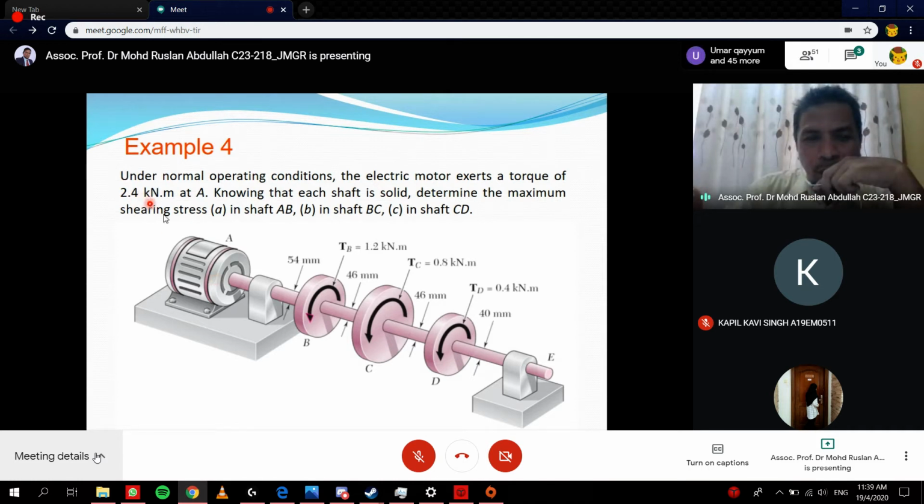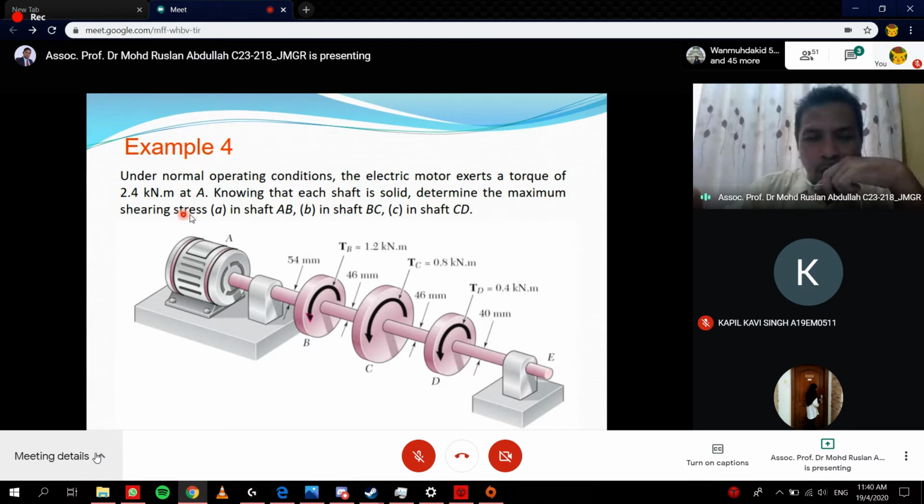It means this motor will supply the torque about 2.4 kilonewton at A. Knowing that each shaft is solid, the shaft from point A to point E is solid.